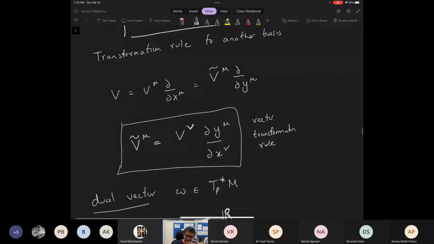Now the transformation rule to another basis: if we have a V which we expand in some basis as V mu partial x mu, and we want to transform to another basis, V mu twiddle partial y mu, then the transformation rule for these basis coefficients is that V mu twiddle equals V nu partial y mu partial x nu. This is the vector transformation rule.